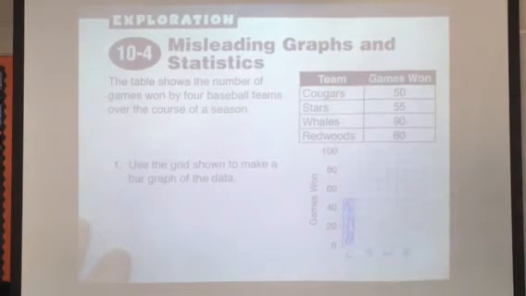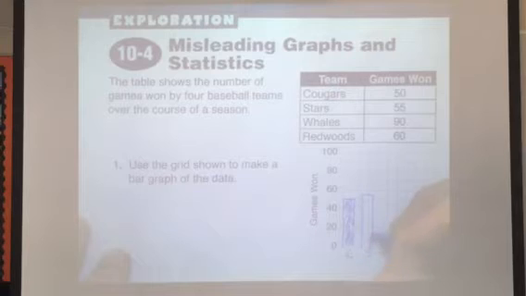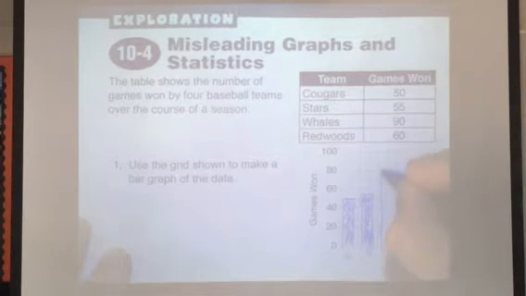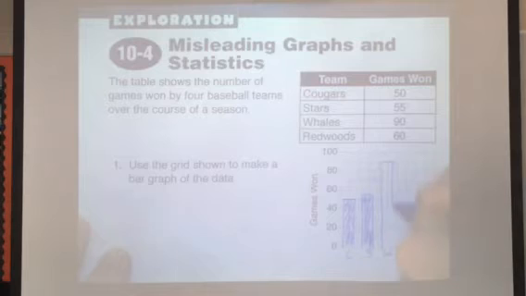Stars is at 55, so I'll go up to about 55. Whales is at 90, so it's going clear up to 90. And finally, redwoods is going to go to 60. So here is my graph.